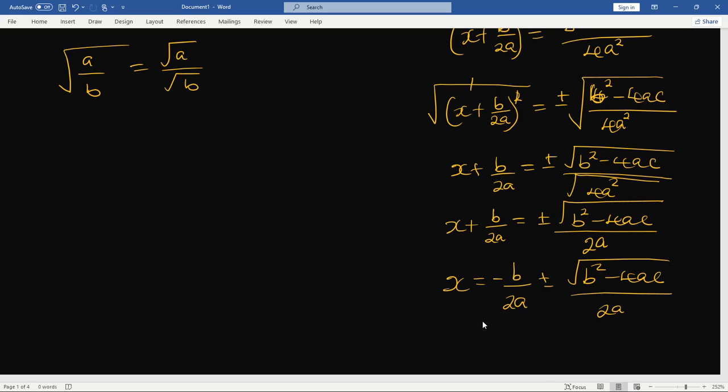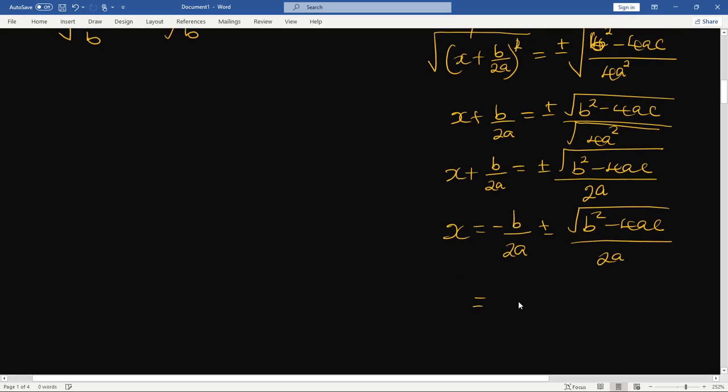We get the common denominator, which is 2a. So we have negative b, then plus or minus the square root of b² − 4ac, all over 2a. So therefore we've derived the quadratic formula.